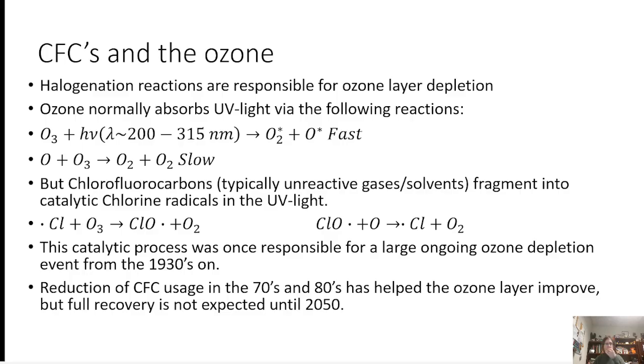Ozone normally absorbs ultraviolet light via the following reactions. Ozone absorbs the UV light and splits into O2 and O. And if a monooxygen bumps into an ozone, it can decompose the ozone.